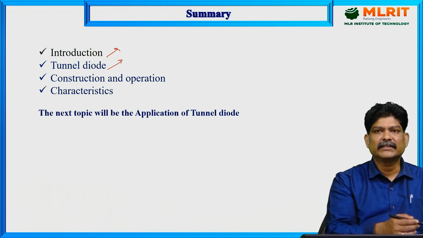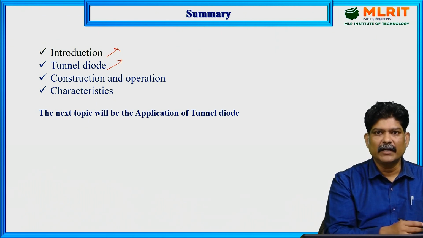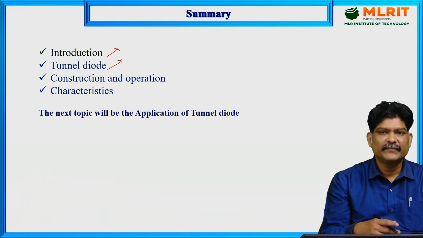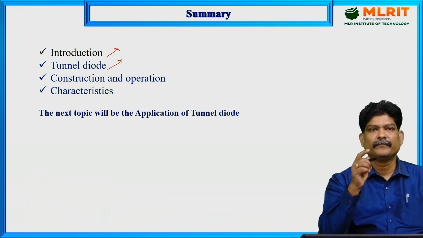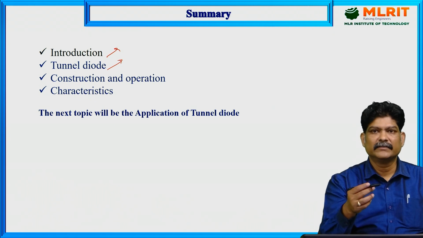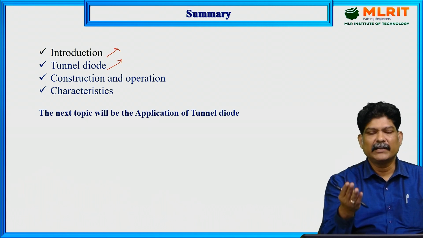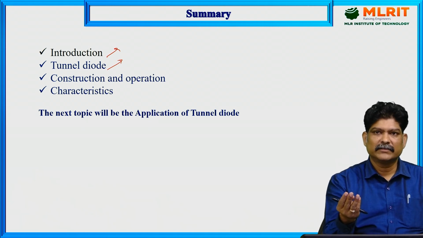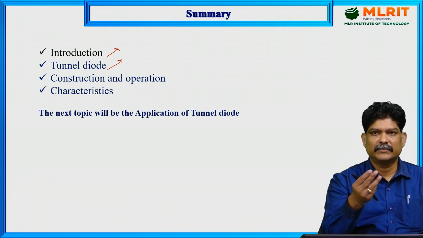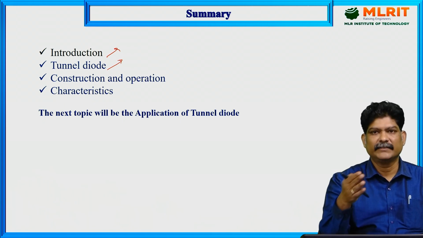Whereas tunnel diodes are specially designed devices, because the tunnel diode is heavily doped. As we increase the input voltage, compared to other normal PN junction diodes, the current decreases.